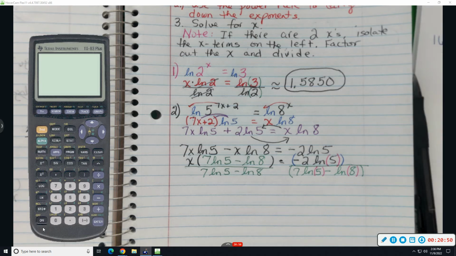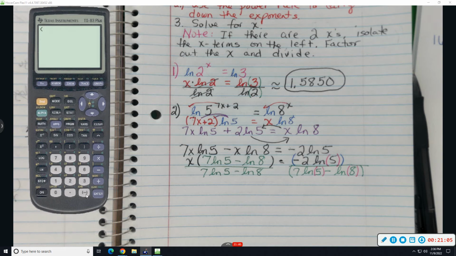Now, to punch all of this into your calculator, I start off with parentheses, and this is a negative sign here. On my calculator, the negative symbol is right here. This is the subtraction key. Negative 2 ln 5.